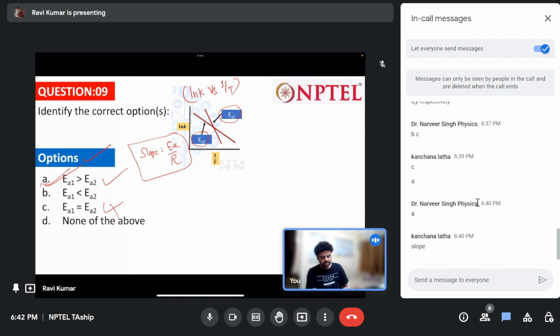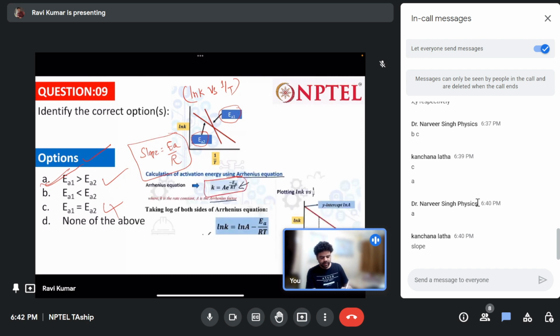You can see this is the Arrhenius equation, and we can write this equation by taking log like this. And if we plot this equation, ln k versus 1 by T, y equals c minus mx.